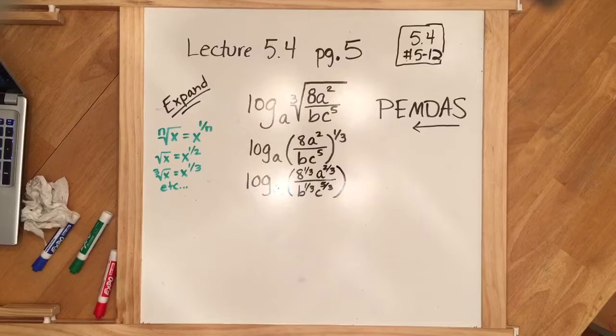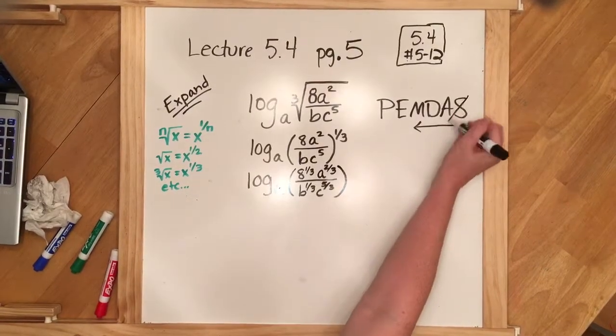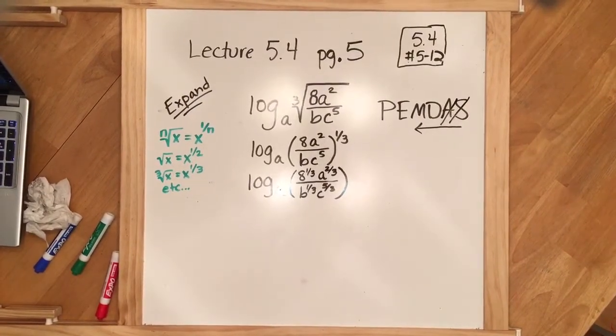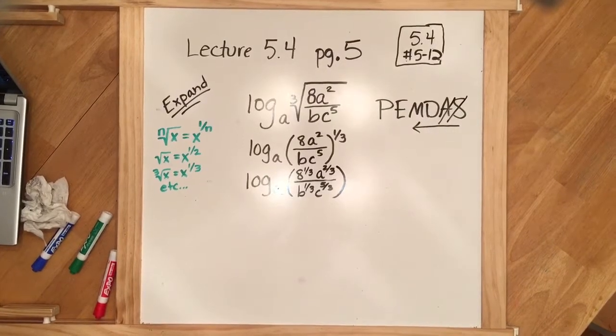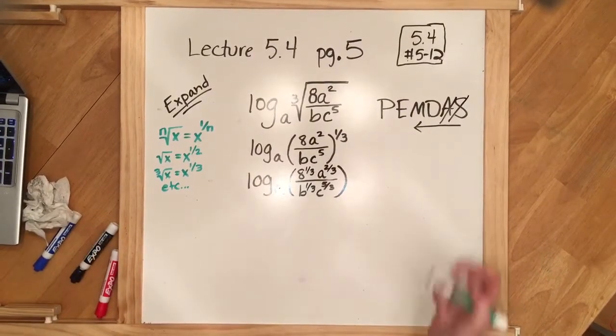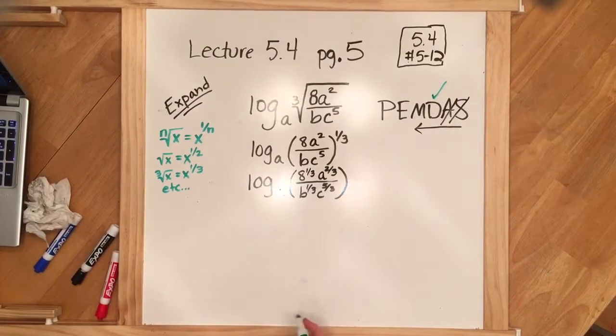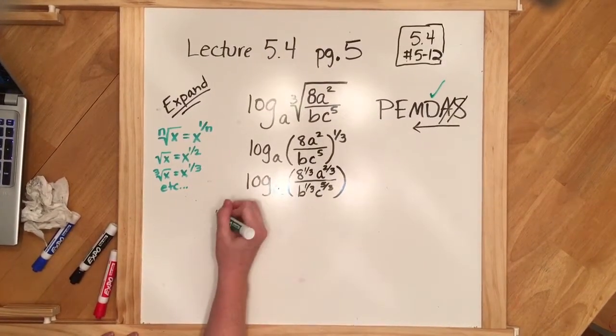Okay? Now we can start going through our order of operations, and of course right away there is no addition or subtraction signs, but we do see division. So that's the first thing we need to break up, and we break it up with subtraction.